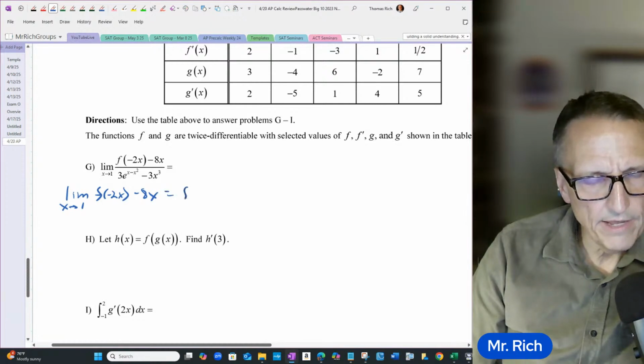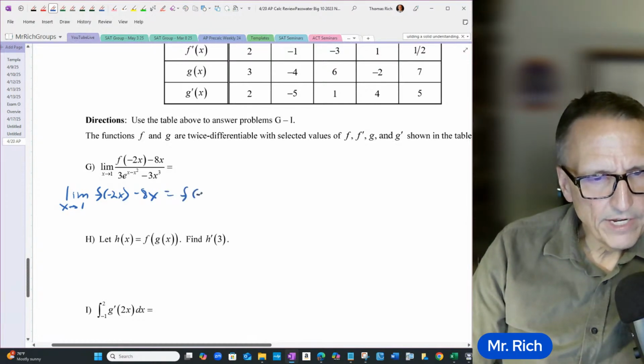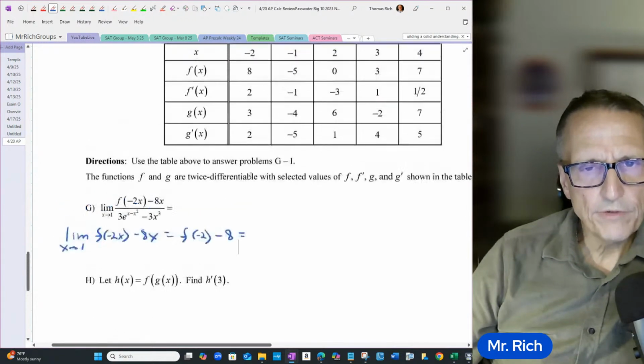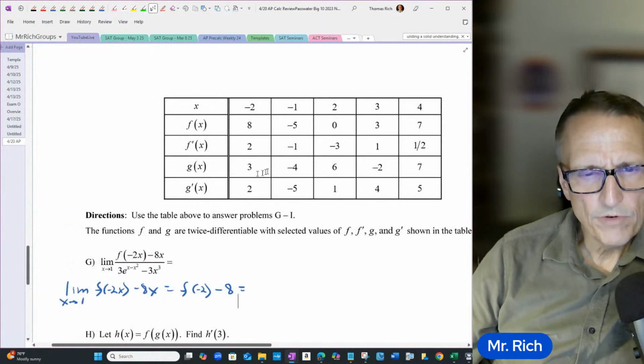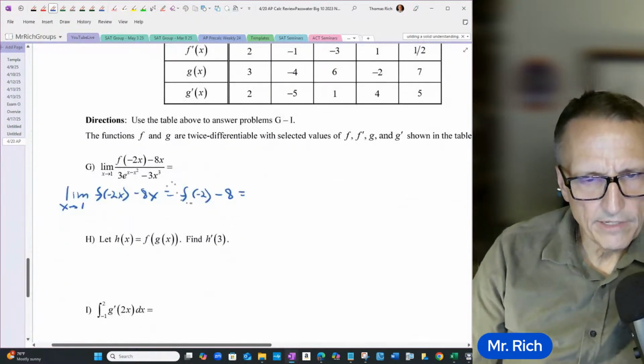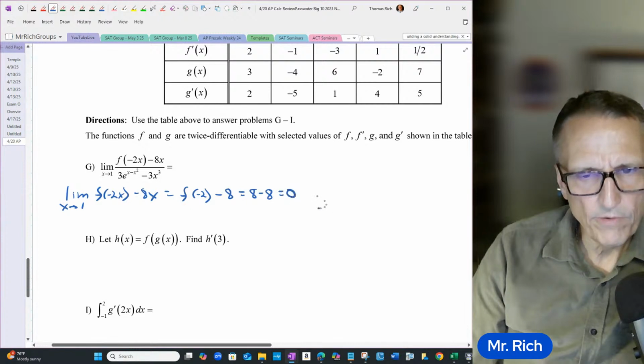This would be f of -2, because it'd be -2 times 1, minus 8 times 1. F of -2, no surprise, is an 8. 8 minus 8 is 0.